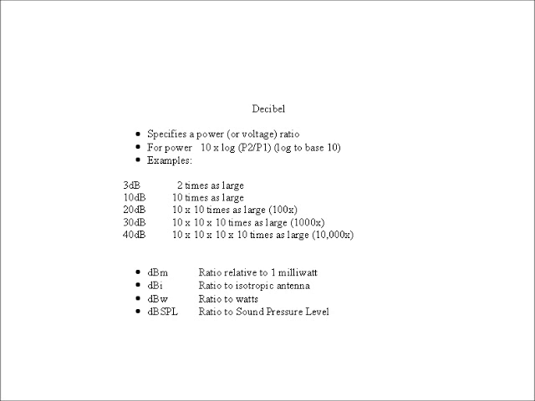But if it's 20 dB, it's 10 times 10, so it's 100 times more. 30 dB is 10 times 10 times 10. It's 1,000 times more. This little device that I have here measures down to minus 90 dB.